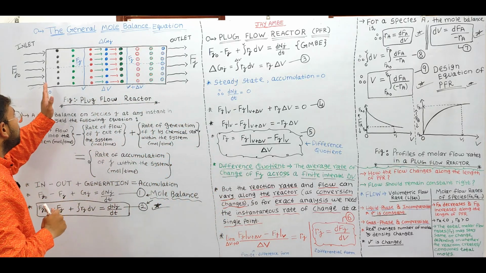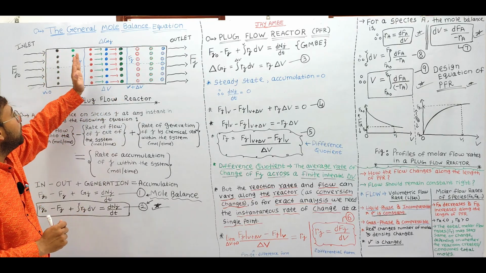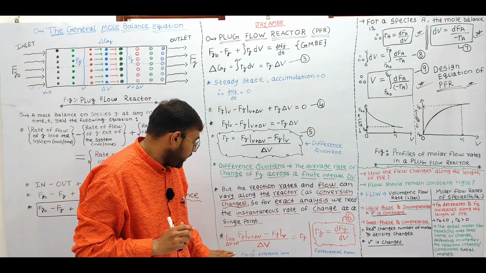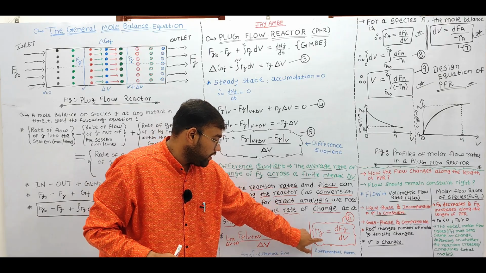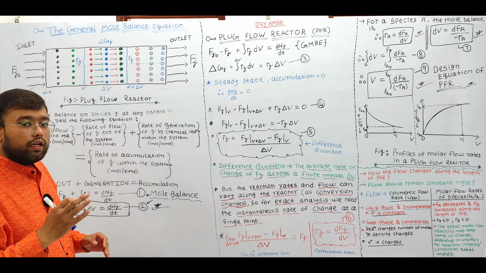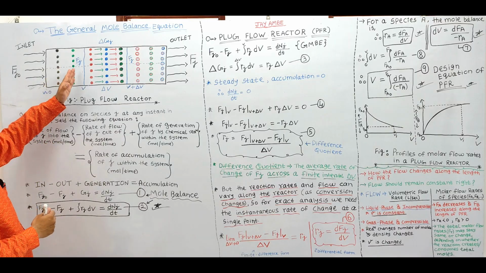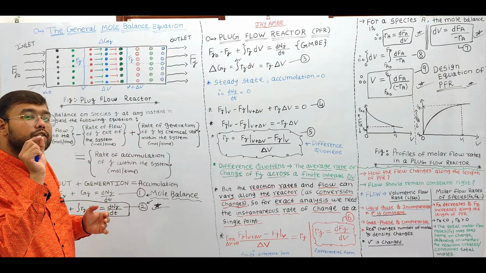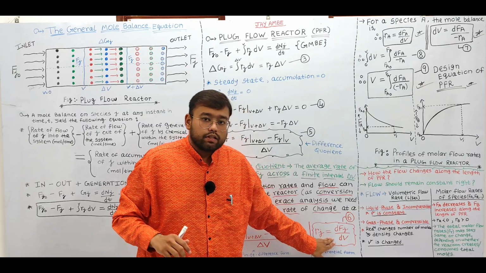We have divided the entire reactor volume into 1 lakh infinitely small parts. So we have converted the finite difference form into the differential form, which represents Rj, the rate of formation of any chemical species J, defined as the rate at which the molar flow rate of species J changes with respect to the infinitely small volume dV.